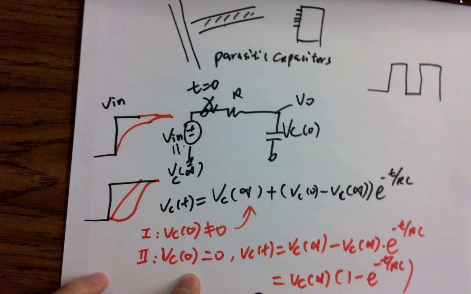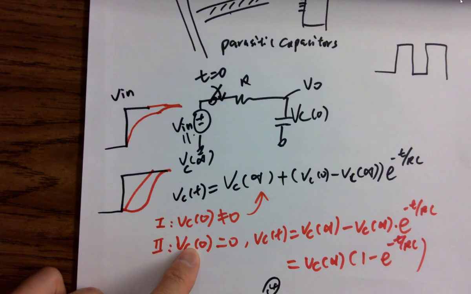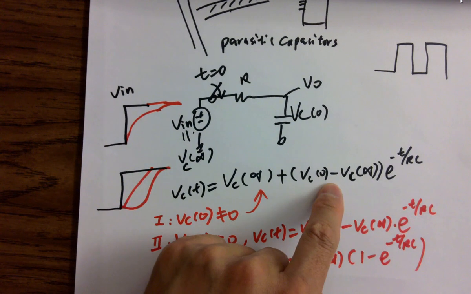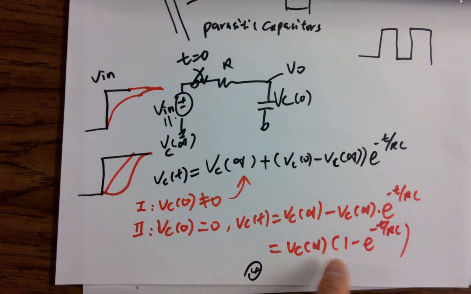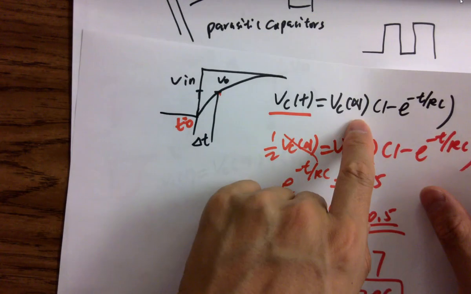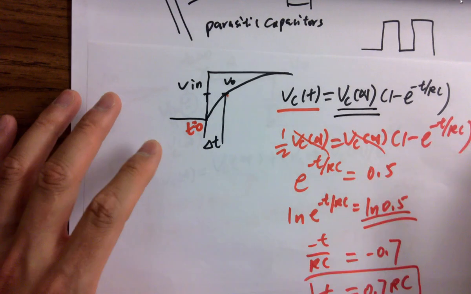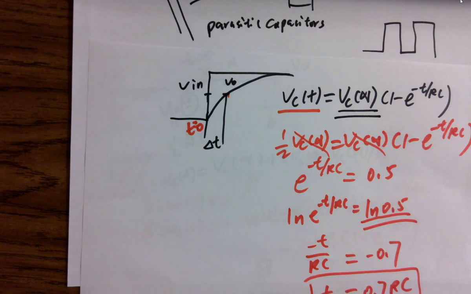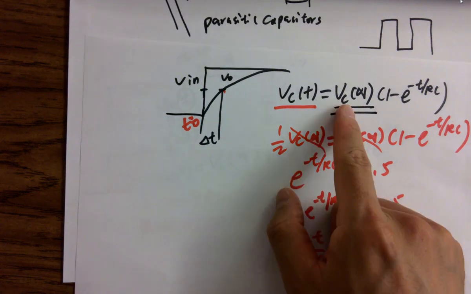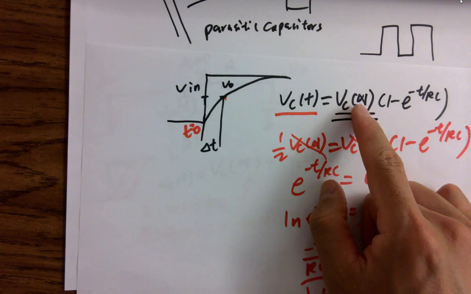As a special condition when there were no initial charges stored in the capacitor. So we plug into this equation derived in Circuits 1, and then we find out VC infinity here, and then we came back here as the same equation. Given a super long time, you will be charged up. So VC infinity will be the input voltage. Okay, so it's 5 volts, logic is going to be 5 volts.